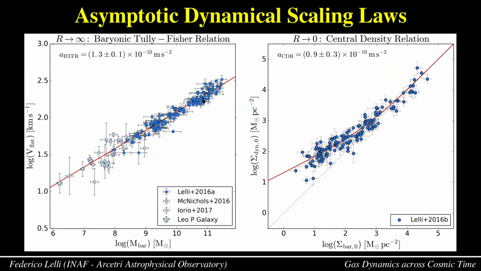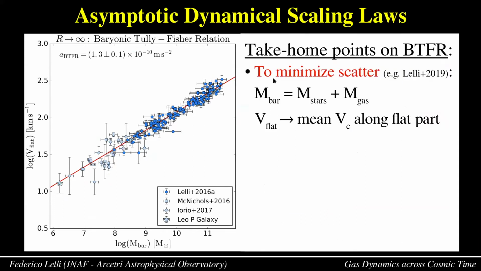For example, here I'm showing two so-called asymptotic scaling laws in the sense that they concern quantities that are measured either for r that tends to infinity or for r that tends to 0. So on the left, you see the baryonic Tully-Fisher relation, which is a very well-known scaling relation, but I want to clarify a few points which are often misrepresented in the literature.